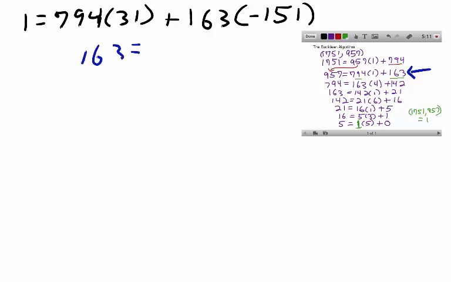equals 957 times 1 plus 794 times negative 1.